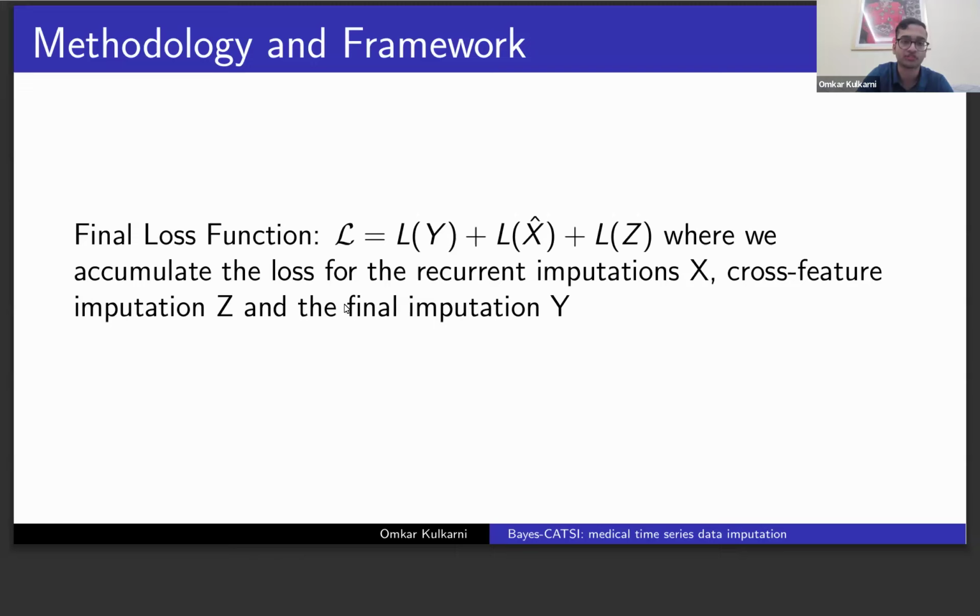The final loss function is the summation of the losses from the recurrent imputation x, cross-feature imputation z, and the final imputation. This helps us evaluate every component of our model.